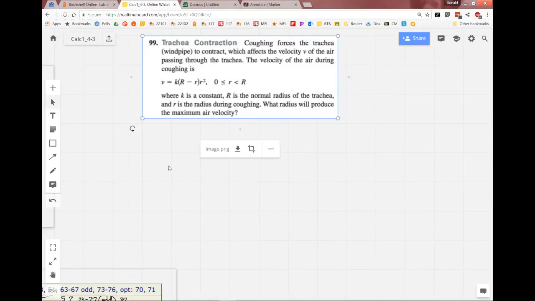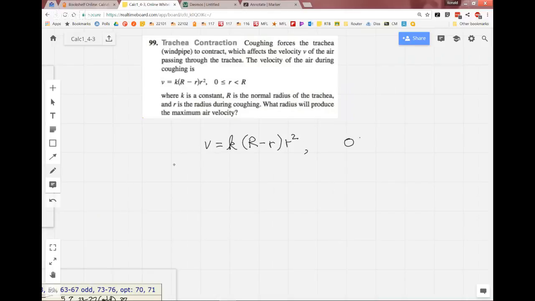Okay. So let's see what we got here. Put our equation down. Yeah, and we don't know what the normal radius is, so let's just write 0 less than or equal.